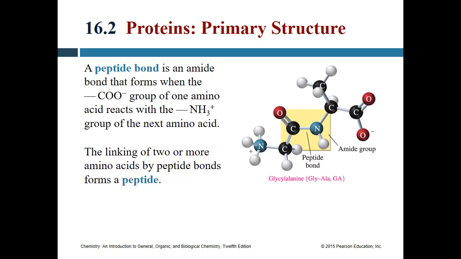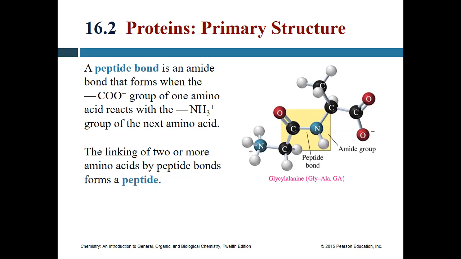Now, what is a peptide bond? Well, a peptide bond forms as the result of a reaction between the acid group of one amino acid and the amino group of another. And in the middle, we get an amide forming as a result.